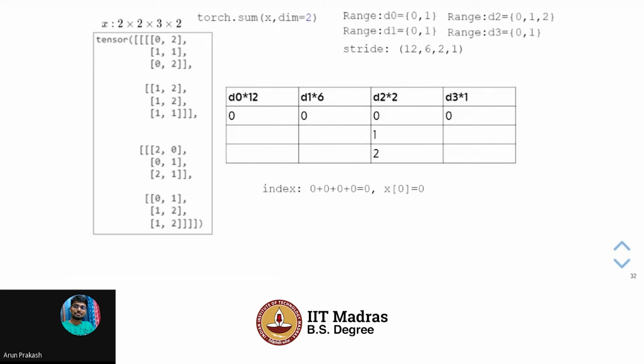Is everything fine so far? Were you able to follow up to this point? Their shape should be 2, 3, 2, right? Yes, you're right, 2, 3, 2.